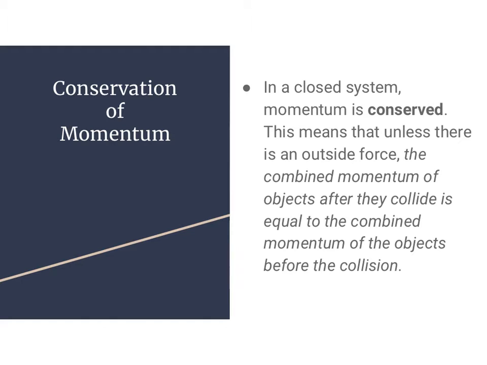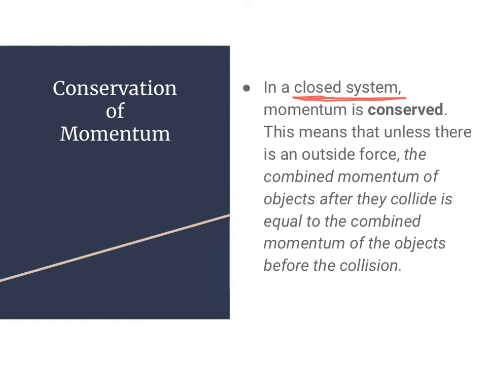Momentum, like energy, as we'll see later, and some other quantities in nature, is a conserved quantity. And so what that means is that in a closed system, so a closed system is one where no outside forces are acting on it, and we talked in our system schemas about internal and external forces.